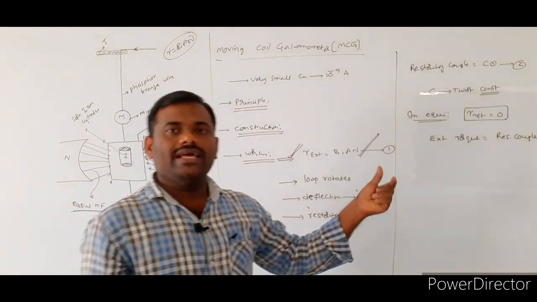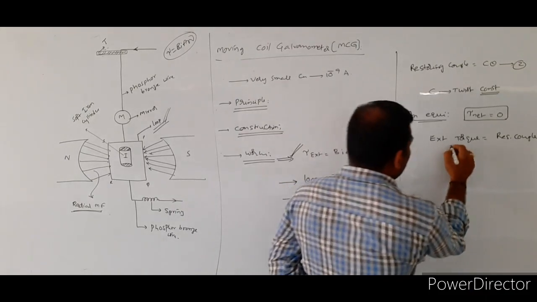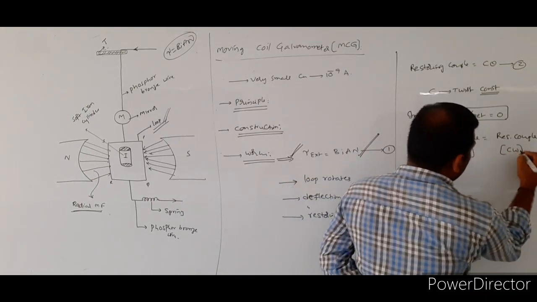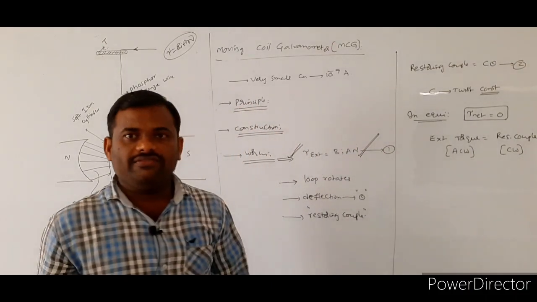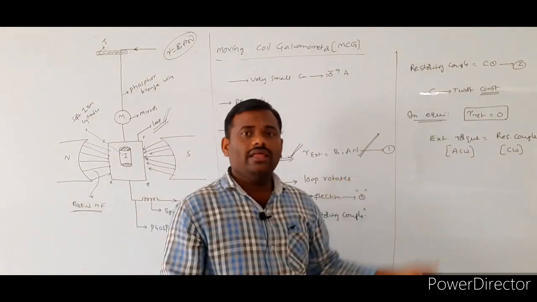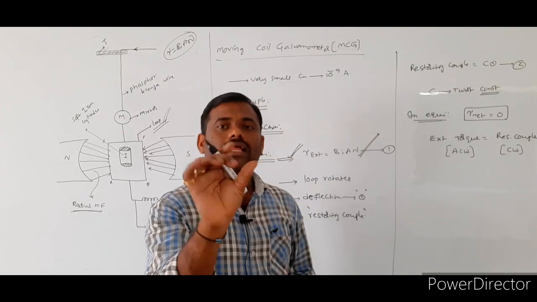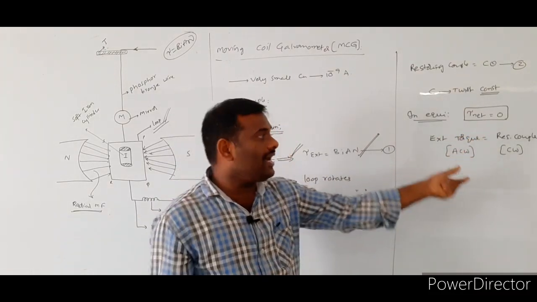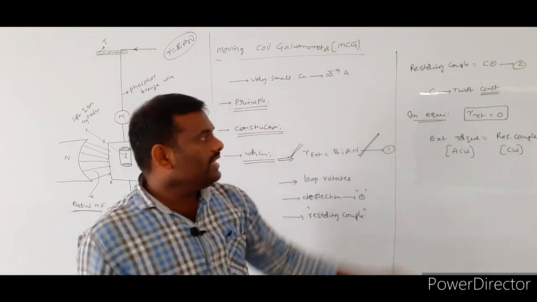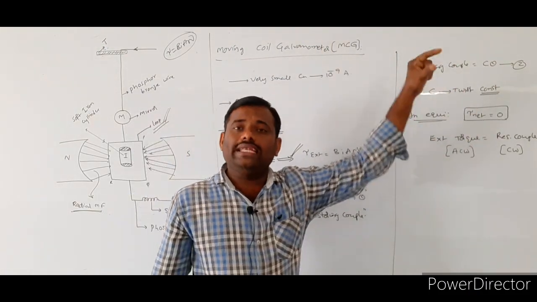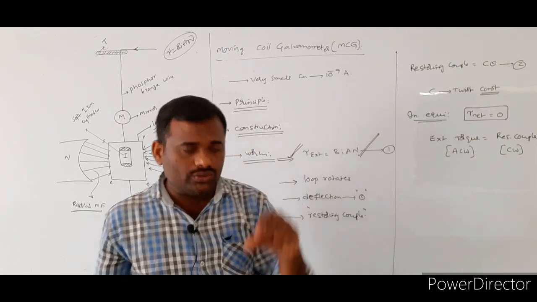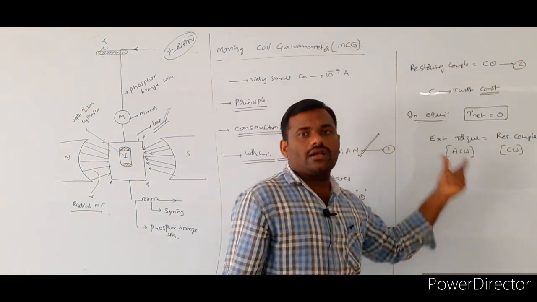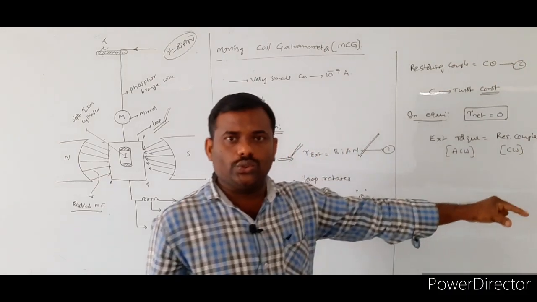Suppose the external torque is acting in the anti-clockwise direction, then the restoring couple will be acting in the clockwise direction. For understanding purposes, if we assume the external torque rotates the coil in the anti-clockwise direction, the restoring couple will rotate the same coil in the clockwise direction. So in the equilibrium condition, net torque acting on the loop is equal to 0, which means the external torque value is equal to the restoring couple.